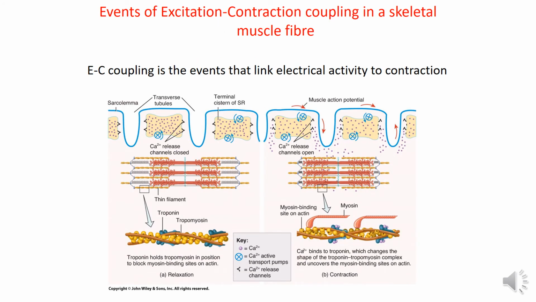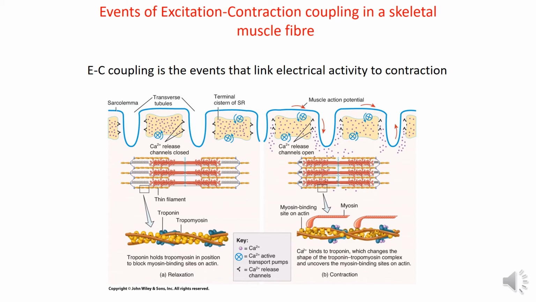Events of excitation-contraction coupling in skeletal muscle fiber. Excitation-contraction coupling is the event that links the electrical activity to skeletal muscle contraction. As we mentioned, the depolarization wave will spread along the sarcolemma and the T-tubules. This will stimulate the release of calcium from the sarcoplasmic reticulum.